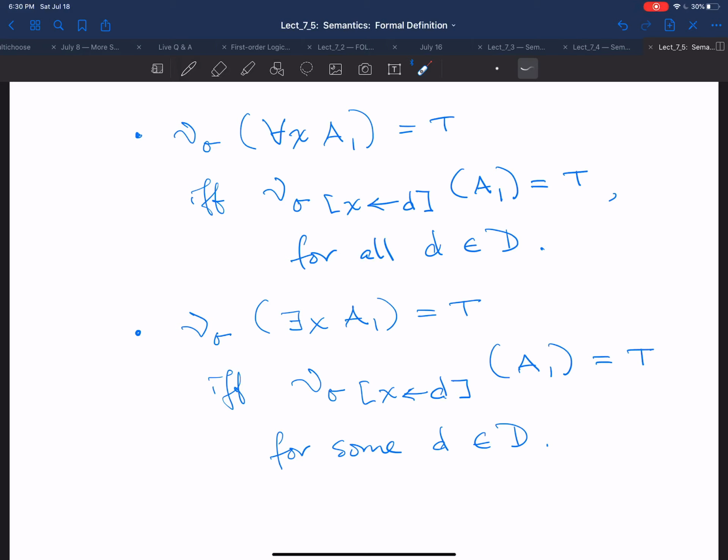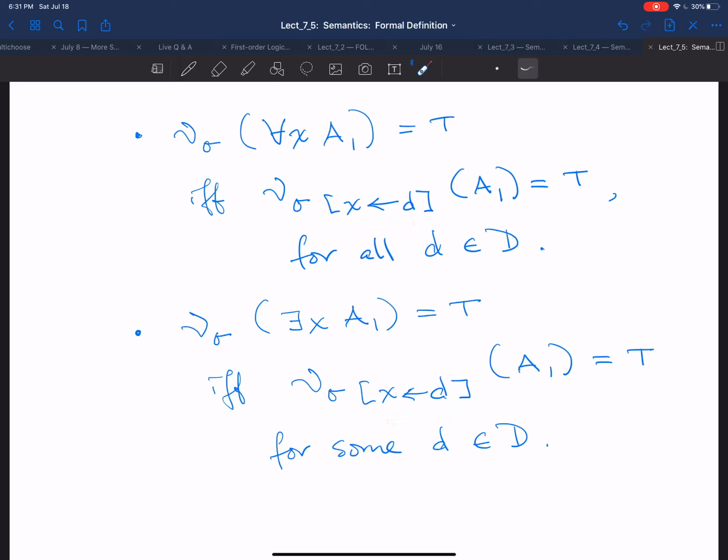Now, notice that if all of our variables are quantified, then we apply either this clause or this second clause to each variable. So in the case of every variable x, we're considering all sorts of possible reassignments of values to x.